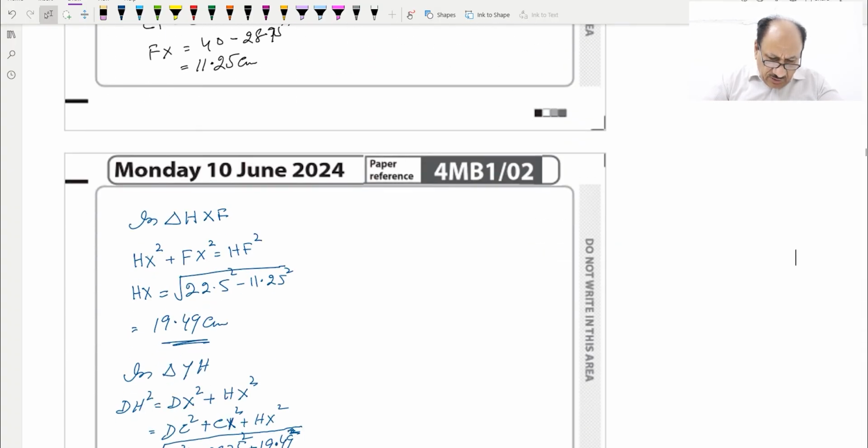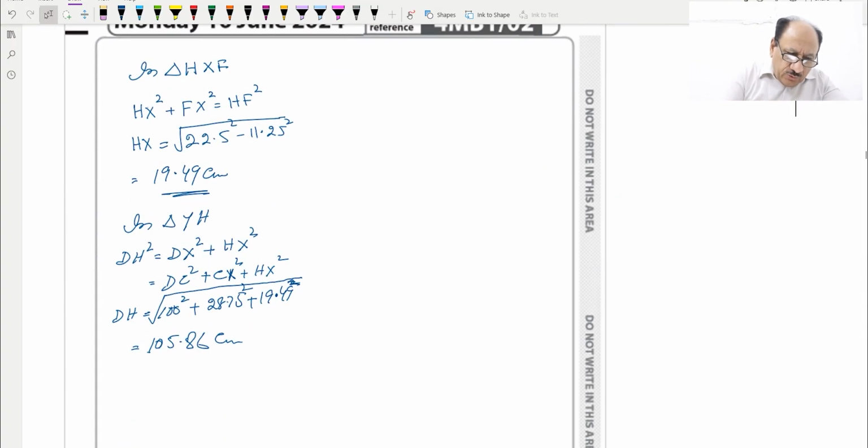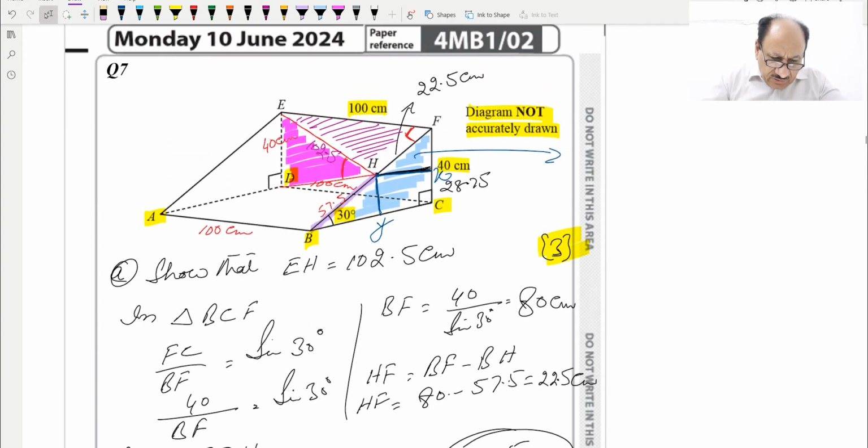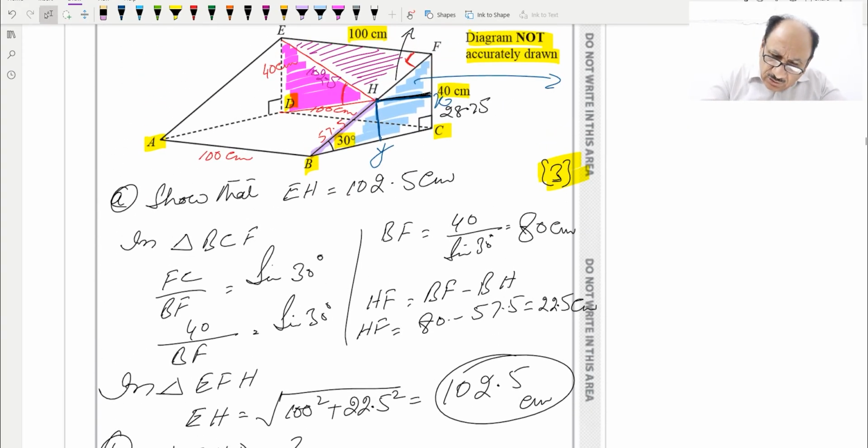I will write here whatever values we have so that you can compare. ED is equal to 40, which is the side opposite the angle.